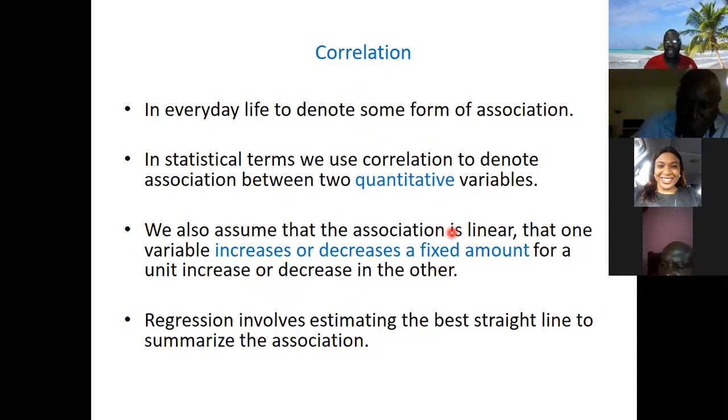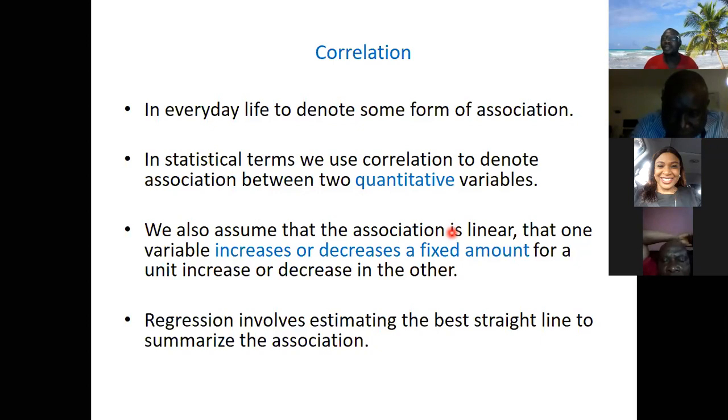That is why it is described as linear association. Linear association means that as the value of one increases, the other either increases or decreases. It may move in the same direction, or it may move in the opposite direction. Those are the two possible ways.